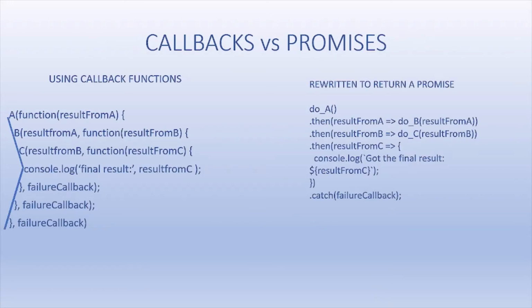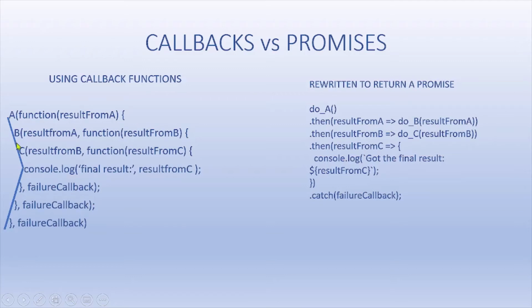And we've seen with callbacks, right, they're not very easy to read. We have to catch errors at every point, right, at every callback or at the end of every callback. And of course, we have the pyramid of doom, right?